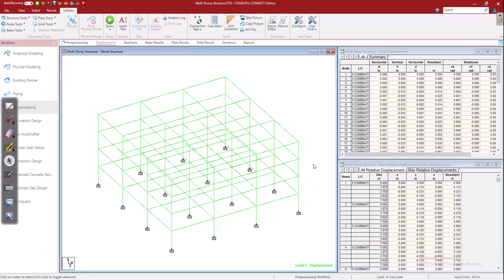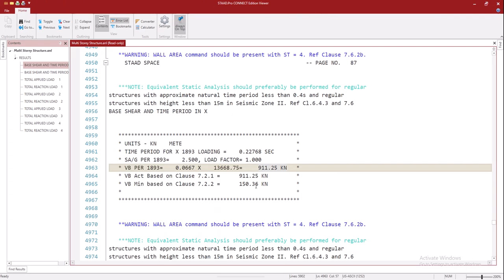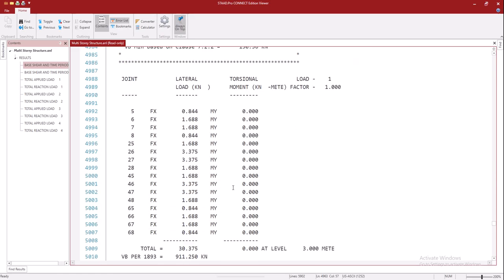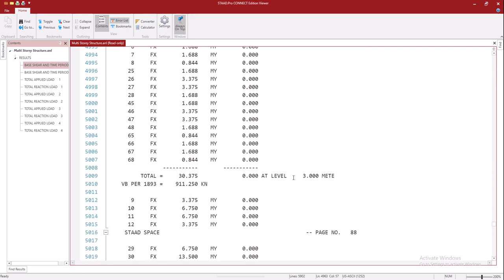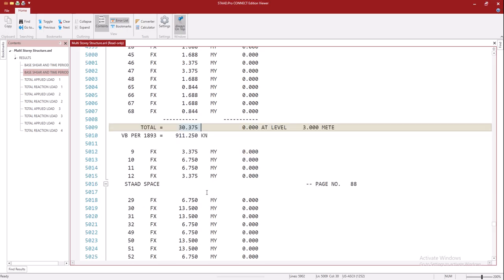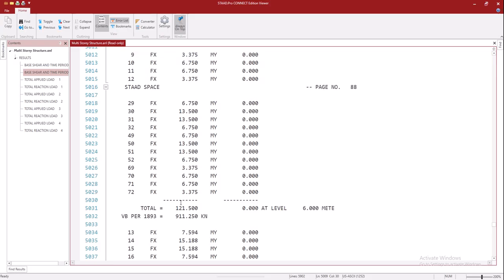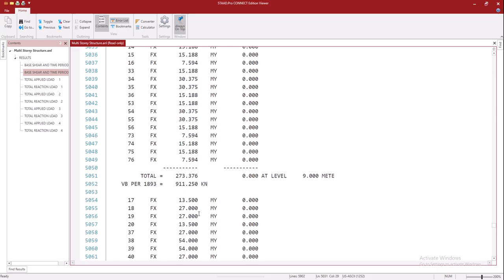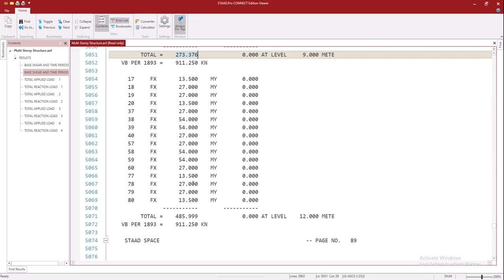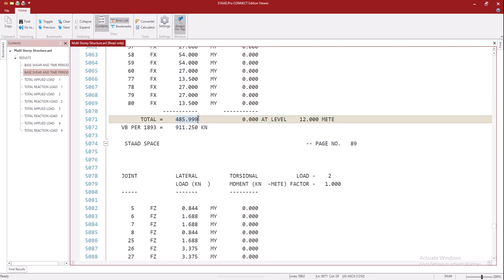Later on you can see the distributions through floor levels. At floor level 3, it is 30.375, right? You just need to remember this, and you can compare to this: at the 6th meter height, at floor level 3, it is 121, and at this level it is 273, and at this level it is 485.